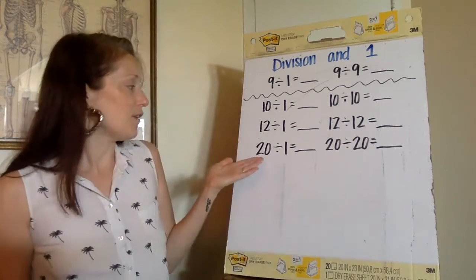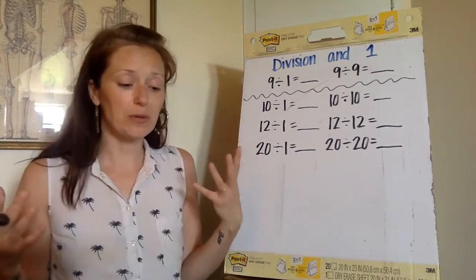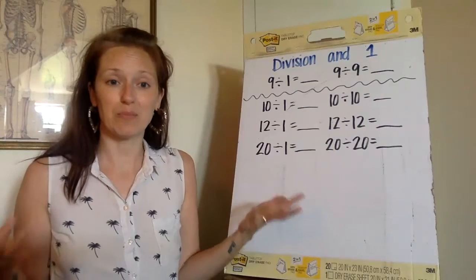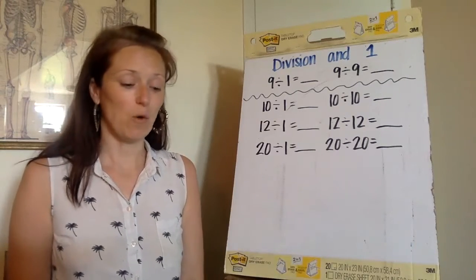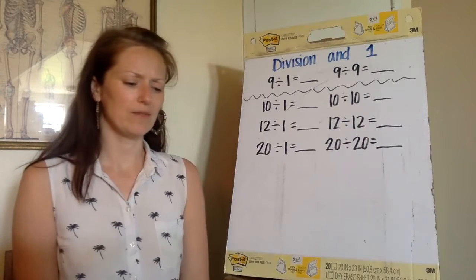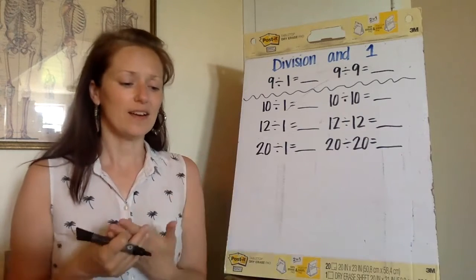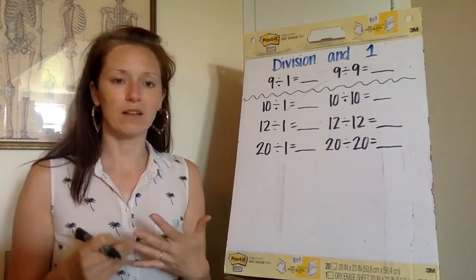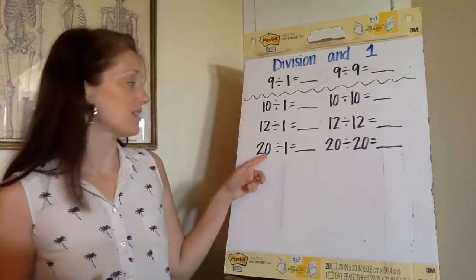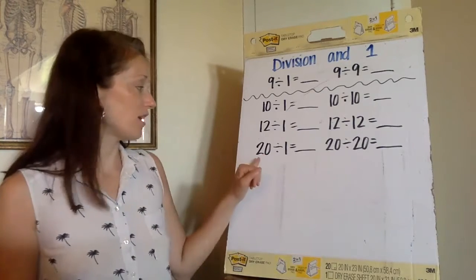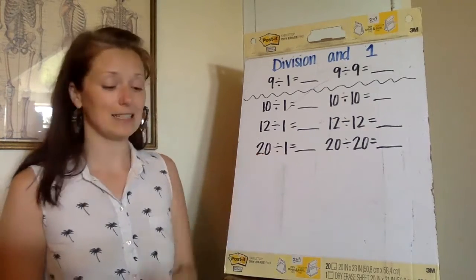So if you have 20 and you put them in groups of 1, you're going to have 20 groups, because there's 1 in each group. All right, so we could agree then that when you divide a number by 1, the answer is going to be the same as the number, right? So if you divide 20 by 1, it's going to be 20.